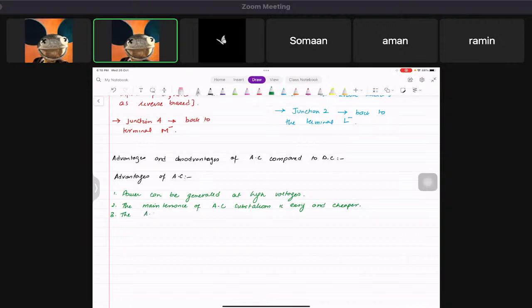Number three, the AC voltage can be stepped up or stepped down by a transformer with ease and efficiency.